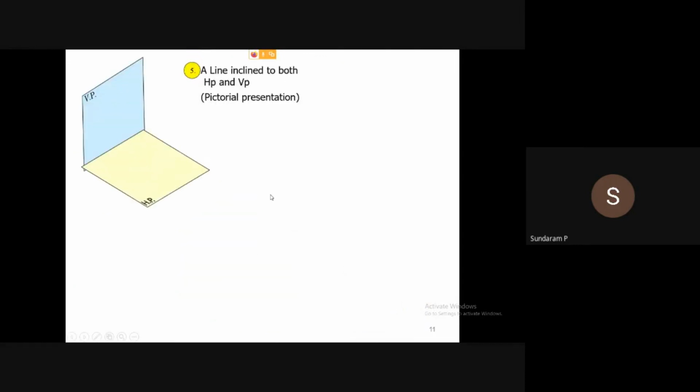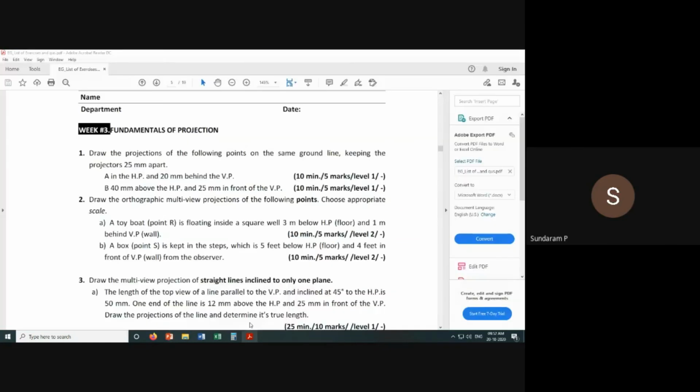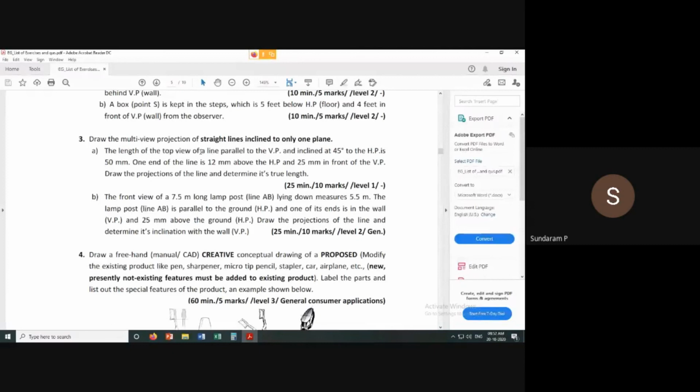Okay. In the fifth case, the line is inclined to both the horizontal plane and the vertical plane. I think this is the second week. I can see the question: only a straight line inclined to any one plane, yes.